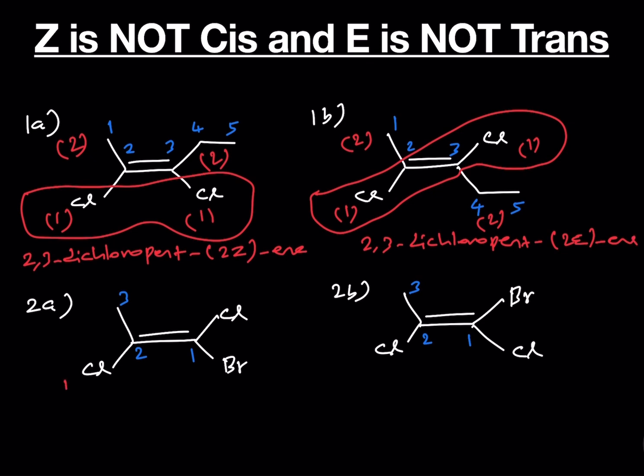Now let's go to 2A. Once again chlorine, on this side methyl group 2, but on the other side we have bromine whose atomic number is 35. So therefore that gets the top priority and chlorine gets the second priority. Our higher priorities are on the same side and therefore this is a Z isomer.